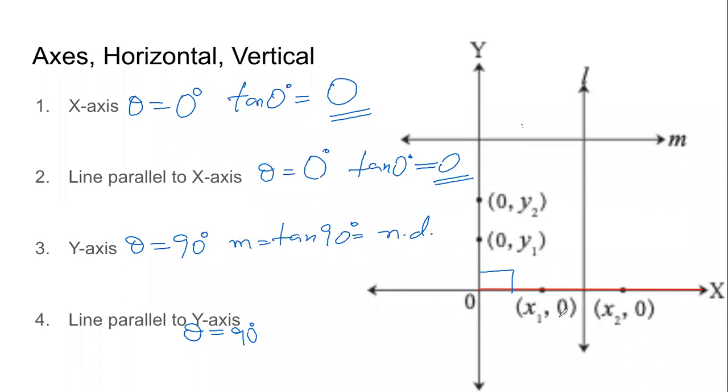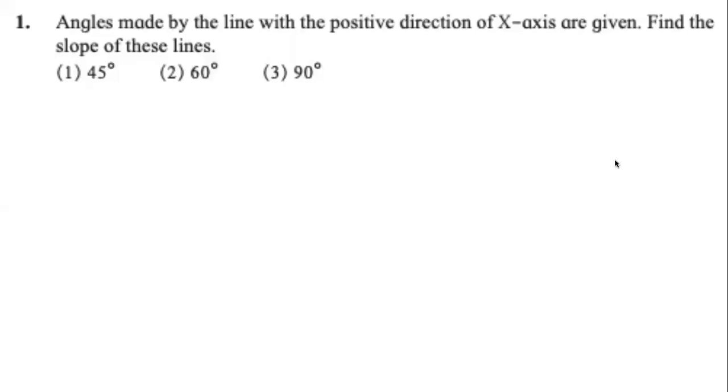So whether we use the coordinates of points on the line or we use the angle that the line makes with the positive direction of the x-axis, we can find the slope: y2 minus y1 by x2 minus x1, or tan theta. Look at question number 1 of practice set 5.3.